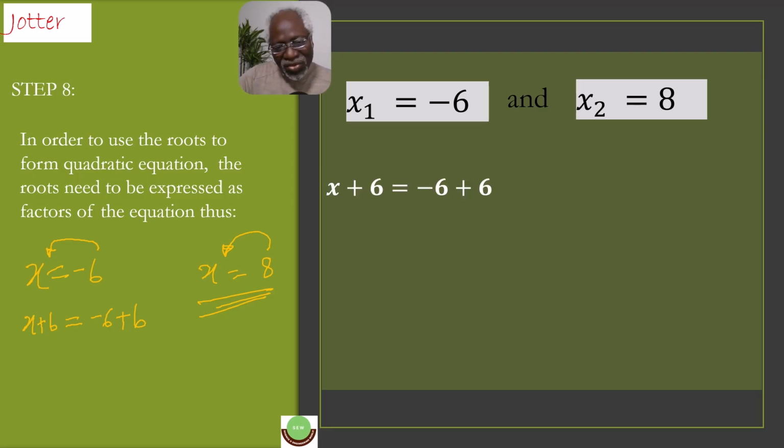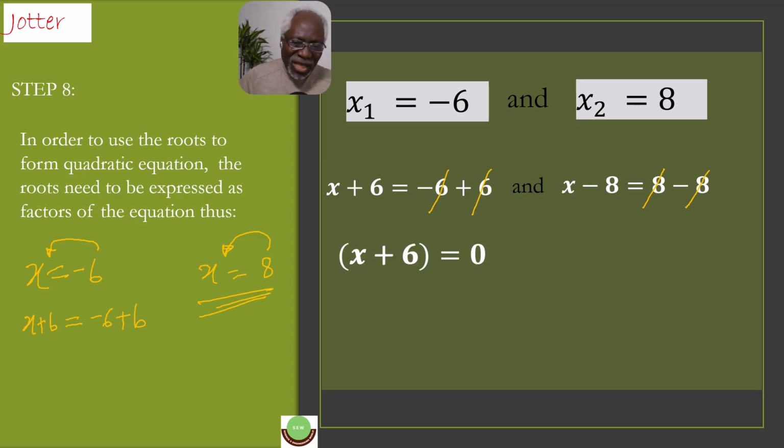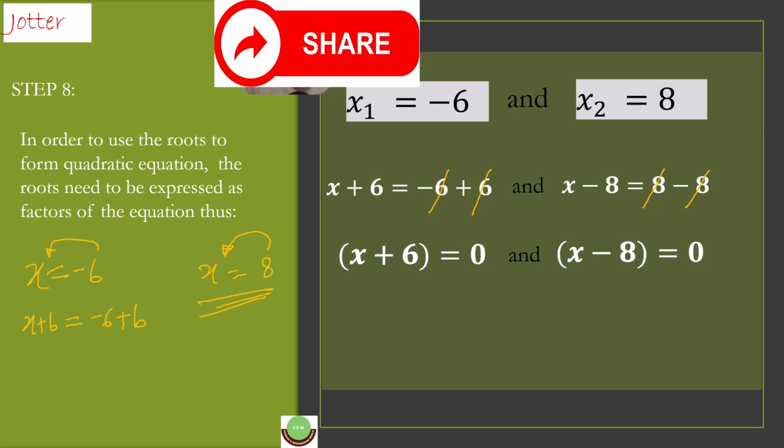So we have here x plus 6 equals minus 6 plus 6, and the same thing on the other side, x minus 8 equals that. So we find out now that on the right hand side, the minus 6 and plus 6 cancel, and the same thing on this side, plus 8 minus 8 goes, and we have our expressions x plus 6 equals 0 and x minus 8 equals 0.